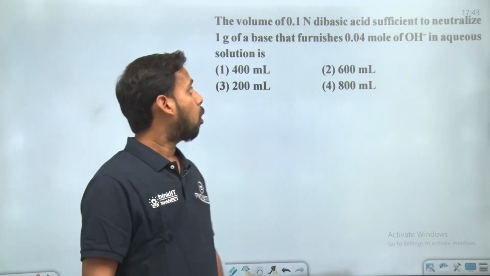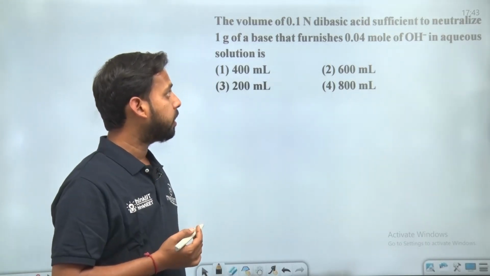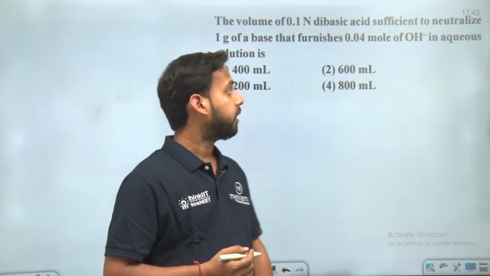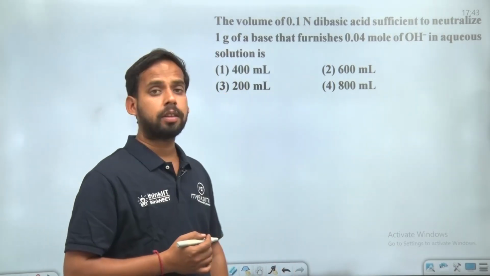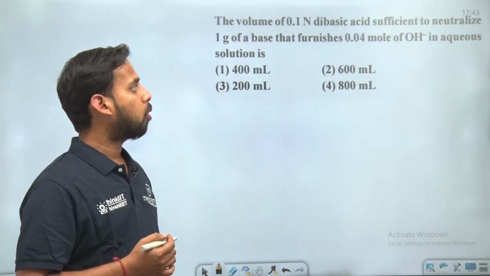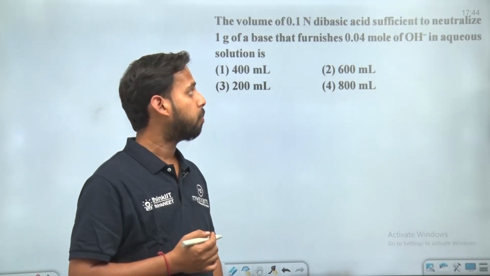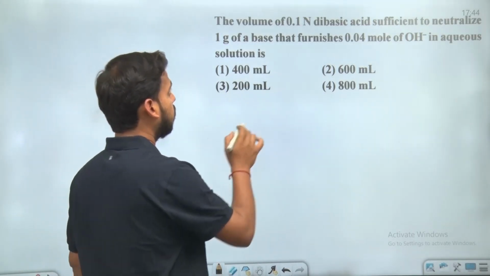Next question: the volume of 0.1 normal dibasic acid sufficient to neutralize 1 gram of a base that furnishes 0.04 moles of OH minus in aqueous solution is.